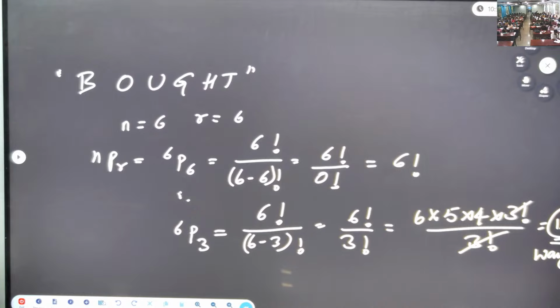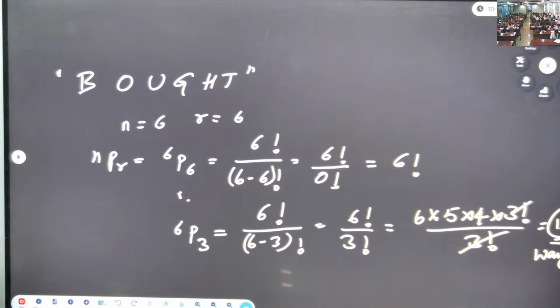How many ways the 3 persons can sit around the table?